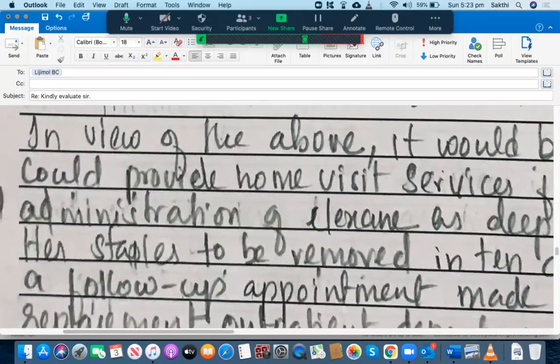Why did you mention it as deep vein? Administration of Clexane, why did you use as? Hello, are you there? Yes, sir. Because Clexane is a DVT prophylaxis.